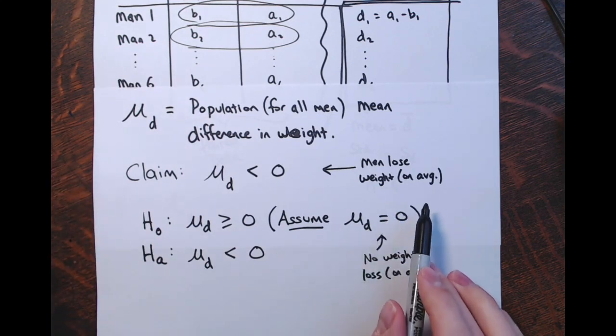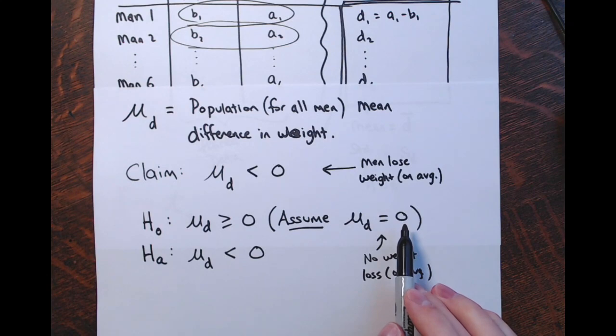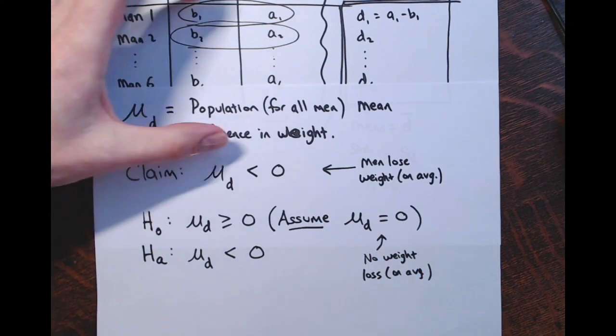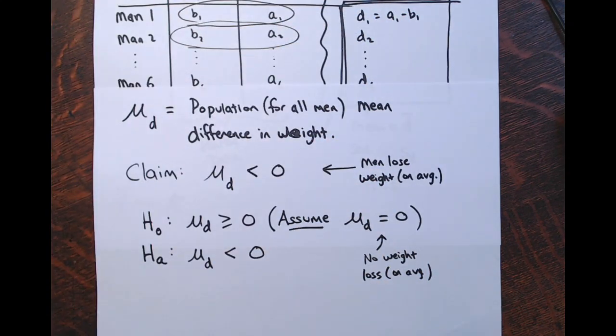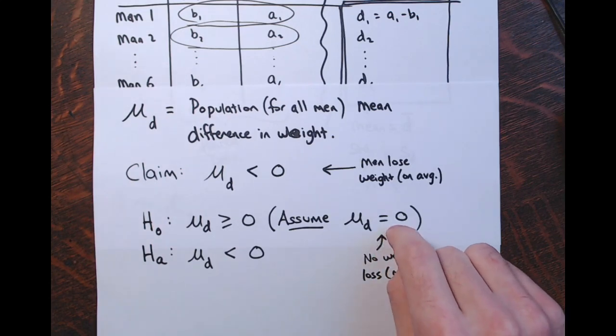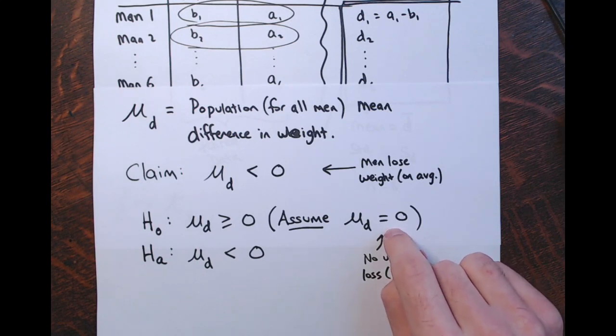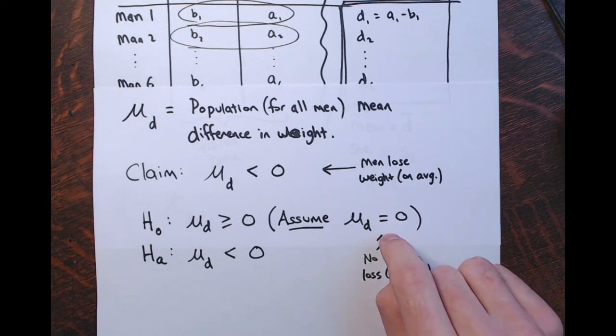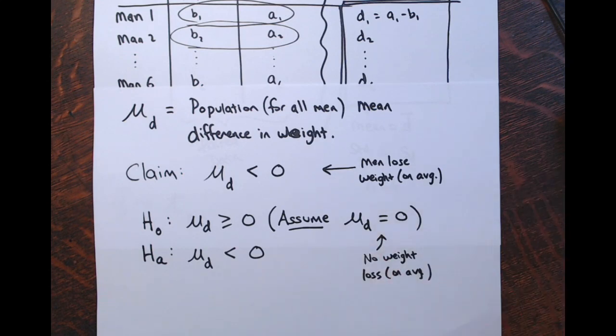You assume that there's no weight loss on average, and then through the sample, you look at the sample differences, calculate your test statistic, and compare it to a critical value. You would decide whether or not you like this assumption. Am I going to keep it or not? Am I going to reject it, get rid of it, or fail to reject it and keep it? And then after you decide that, you'll make a conclusion about whether the evidence in my sample supports the claim or not.